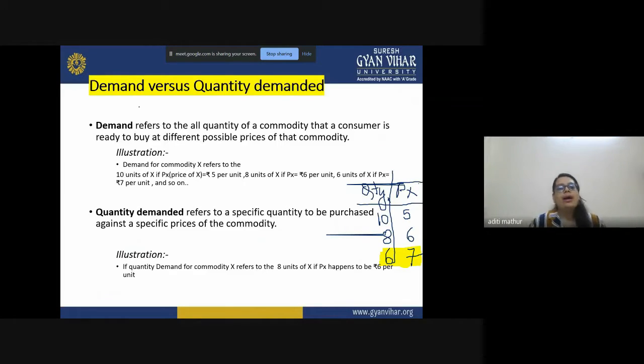Whereas demand refers to all the quantities which a commodity can be asked for by a customer at the different possible prices. So in this example, the demand will be 10, 8, and 6 at the different prices, that is 5, 6, 7 respectively. So I can also say that demand is broad and quantity demanded is narrow. Demand is equal to the summation of different quantities demanded at different levels.